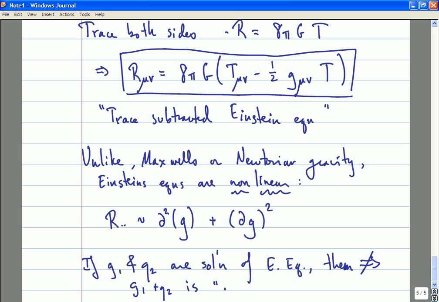Many of your favorite techniques for solving differential equations rely in one way or another on the fact that the equation is linear. For example, decomposing using Fourier analysis relies on the fact that you can decompose into Fourier modes and add them up together.